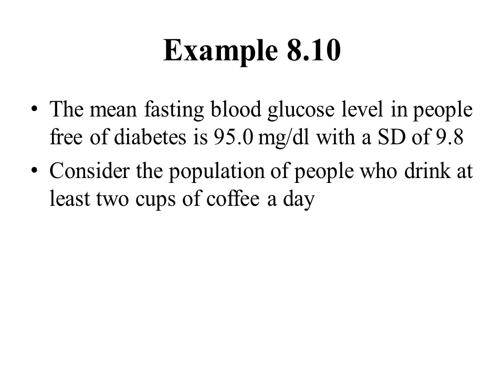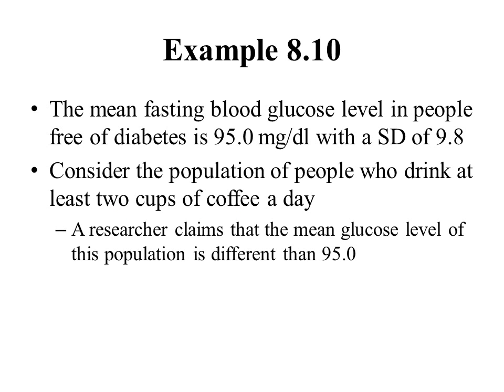What we want to do in this example is consider the population of people who drink at least 2 cups of coffee a day. So this is a different population of people than up here. Up here we have a population of people free of diabetes. Down here we have a population that drink at least 2 cups of coffee a day.